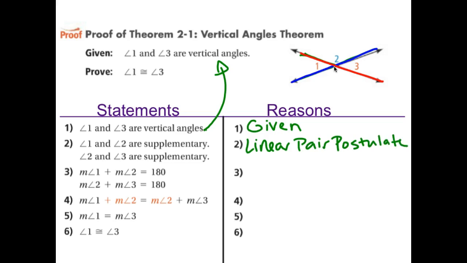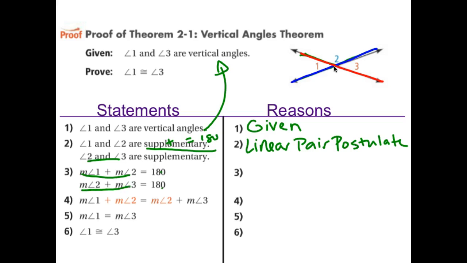That's a big one. And so then all of a sudden we jump down to saying that these two angles we knew were supplementary add up to 180. And so remember that to be supplementary means two things add up to 180. And so 1 and 2, they're saying add up to 180, and 2 and 3, they're saying add up to 180.